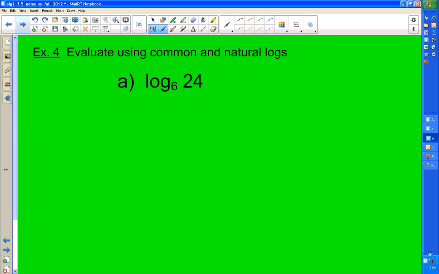But what this is about is changing the base. I'm going to change this to common log of 24 over common log of 6. Now again, it's very confusing. This change of base property is very confusing with the quotient property.